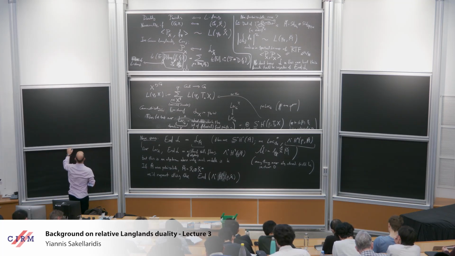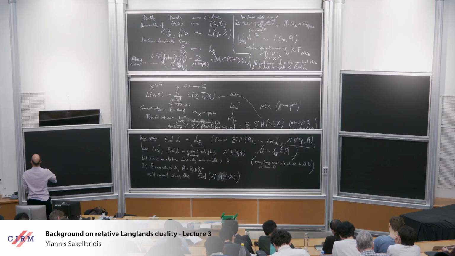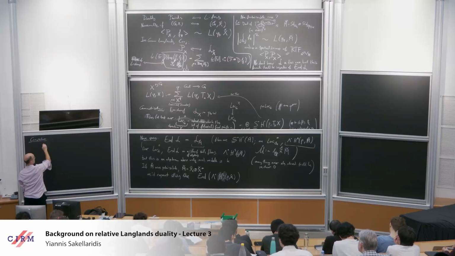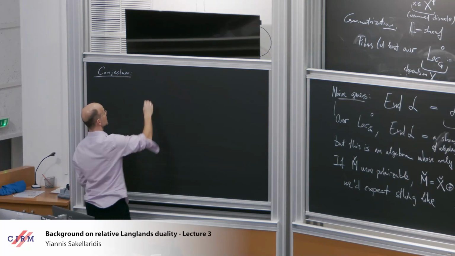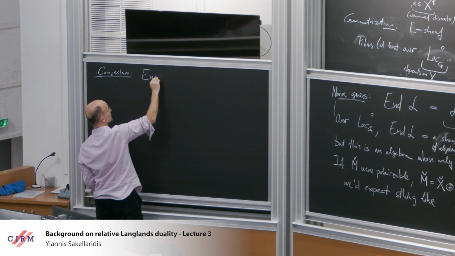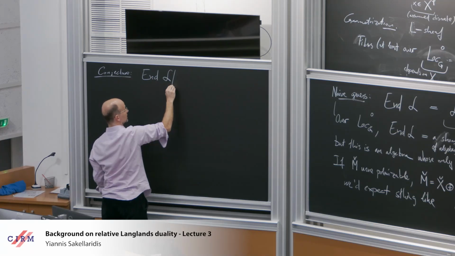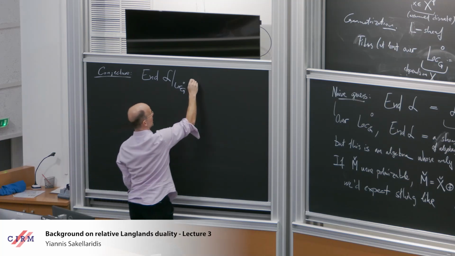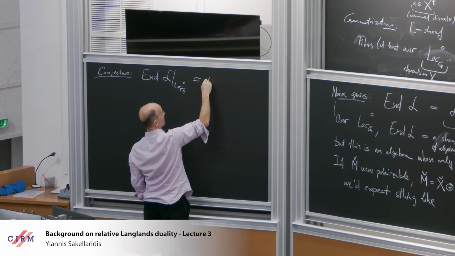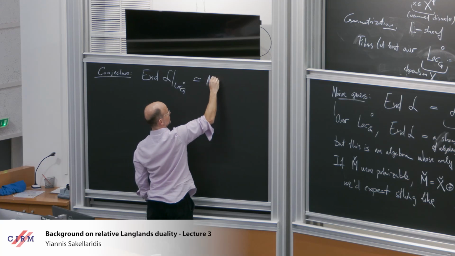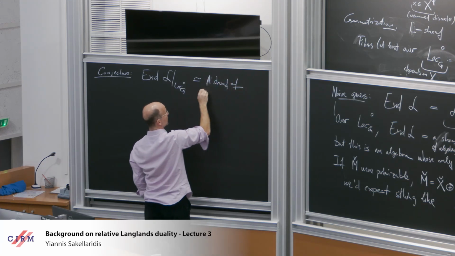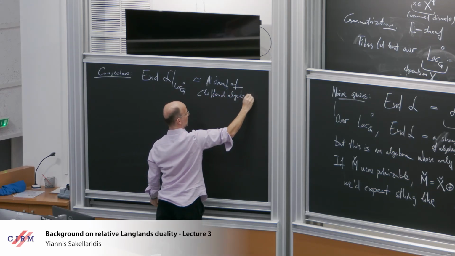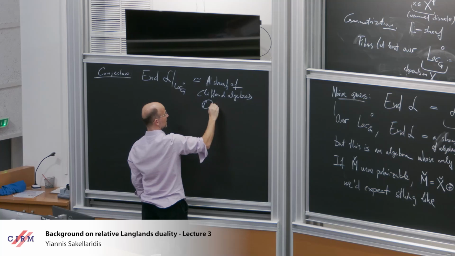So the conjecture is that whatever this L shift might be, its endomorphisms restricted to this good locus are a sheaf of Clifford algebras OM check.